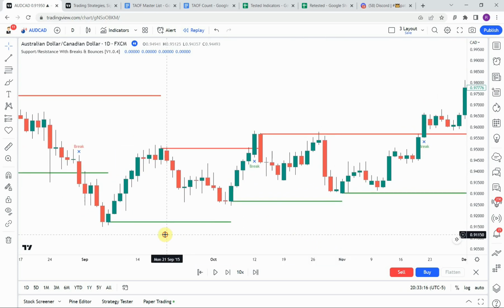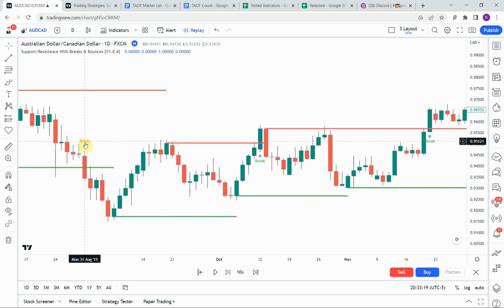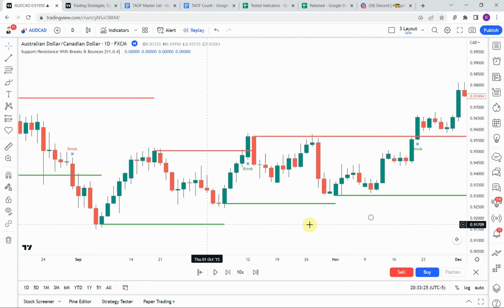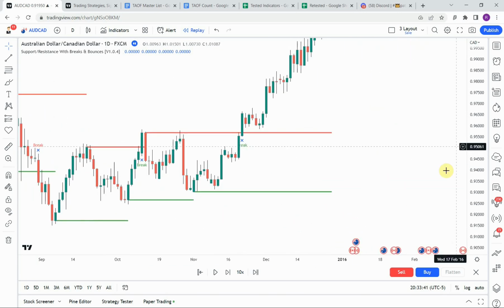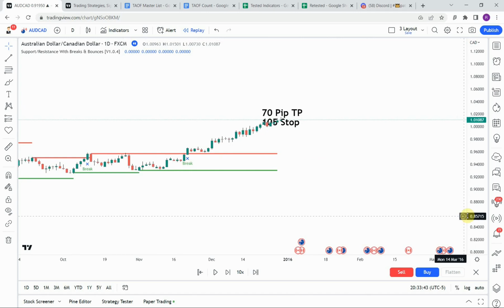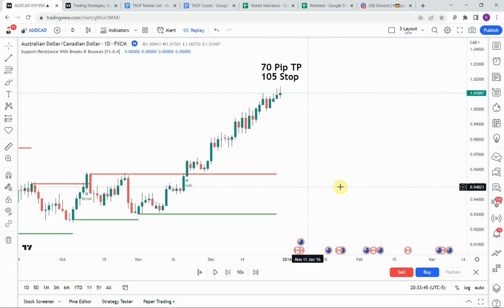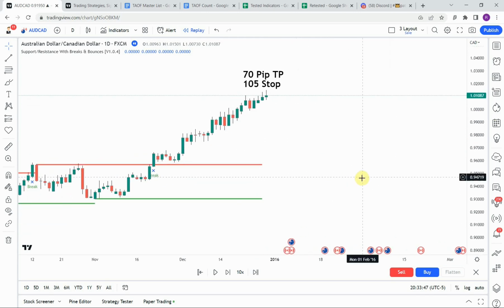Now you can see that the words themselves are colored either red or green. And so that's going to give us the direction in which we're going to go. So if we get a green break with the X there, then that's going to be a signal to go long. If we get a red break there with an X, that's going to be a signal to go short. And so not much to it other than that. Let's go ahead and get on with the testing and see what we can get out of it.